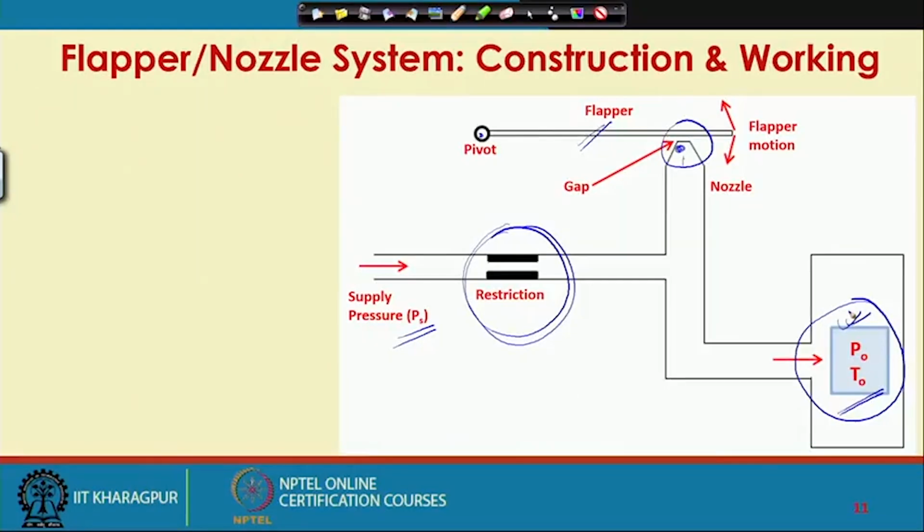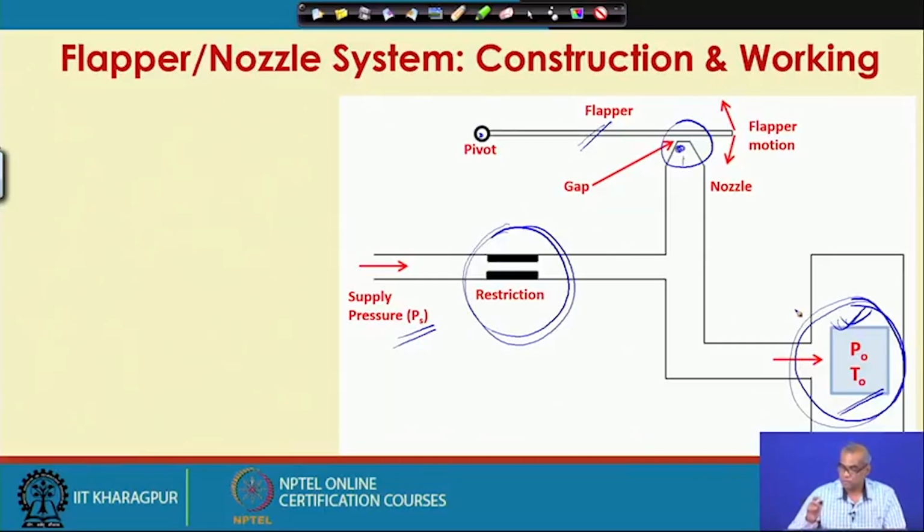If the gap is increased, that means flapper is away from the nozzle, there will be less back pressure, this pressure will decrease. So, by measuring this pressure, I can relate the gap between the flapper and nozzle with this pressure.